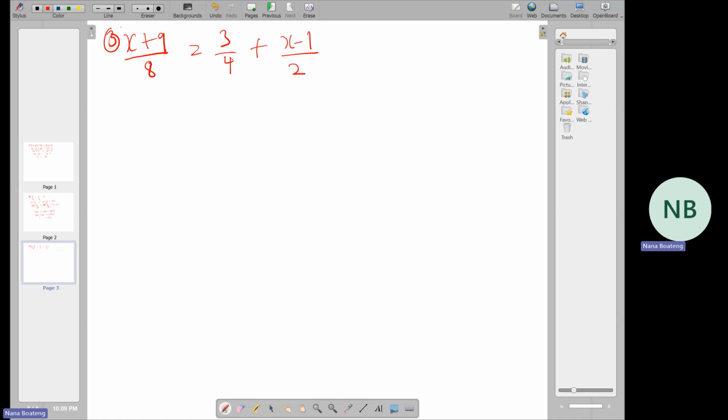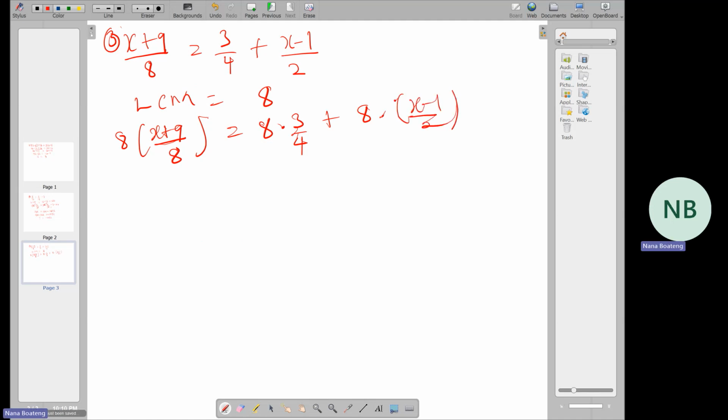All right, so the LCM here is 8. We can see that 8 can divide 8, it can divide 4, and it can divide 2. So we multiply every term by the LCM. So this is 8 times (x plus 9) divided by 8 is equal to 8 times 3 divided by 4 plus 8 times (x minus 1) divided by 2.